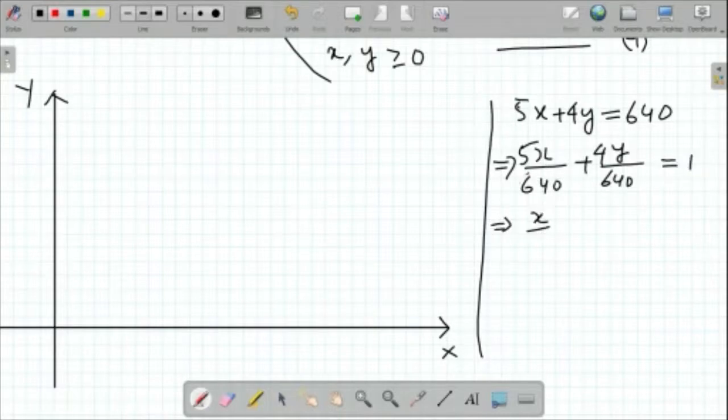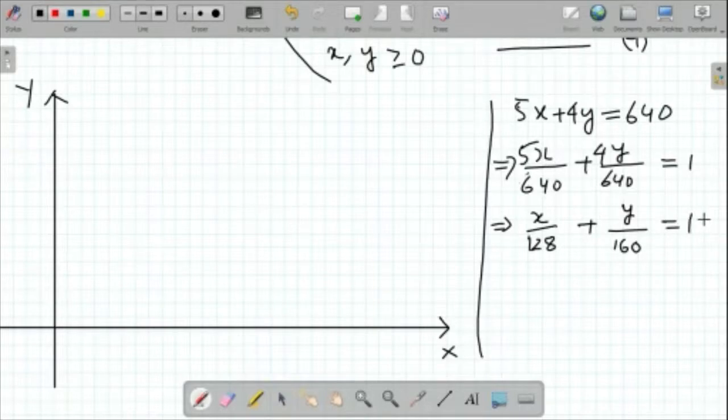If I cancel this, divide by 5, we get x divided by 128 plus y divided by 160 equals 1.